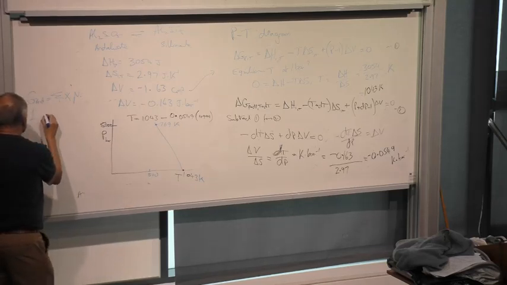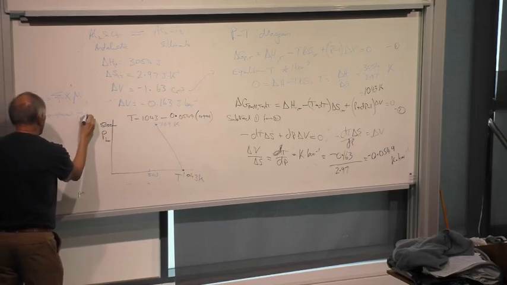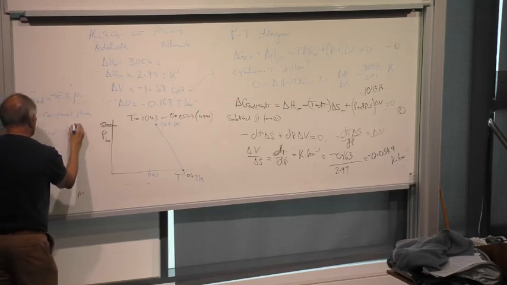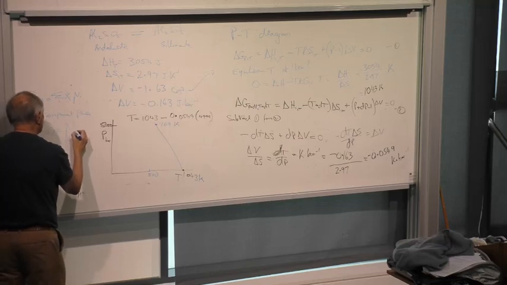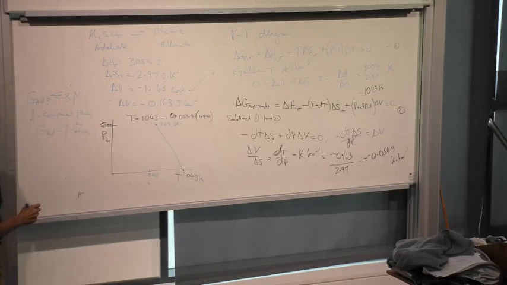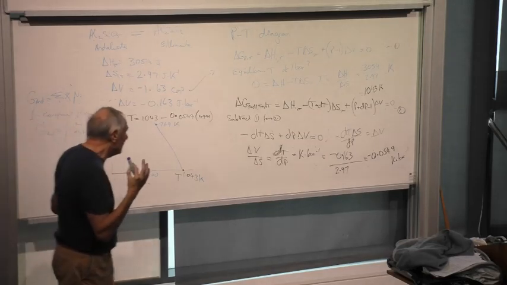So for a one component phase, its free energy is equal to the chemical potential of its one component. Should probably have mentioned that a little earlier, but that's pretty obvious. So the chemical potential of the one component and the free energy are exactly the same. We only have one component.